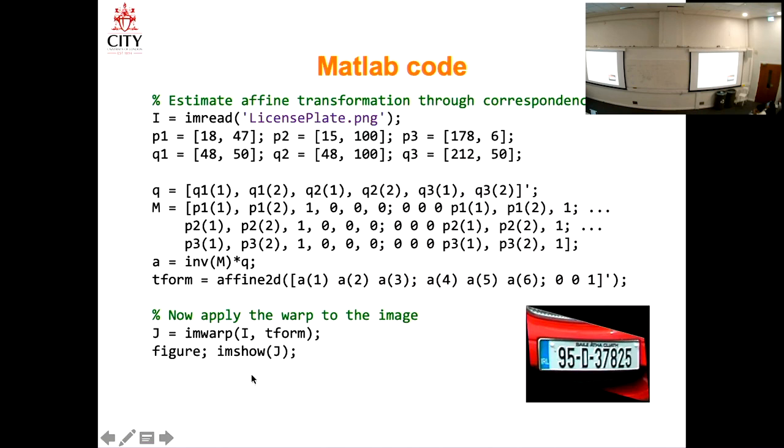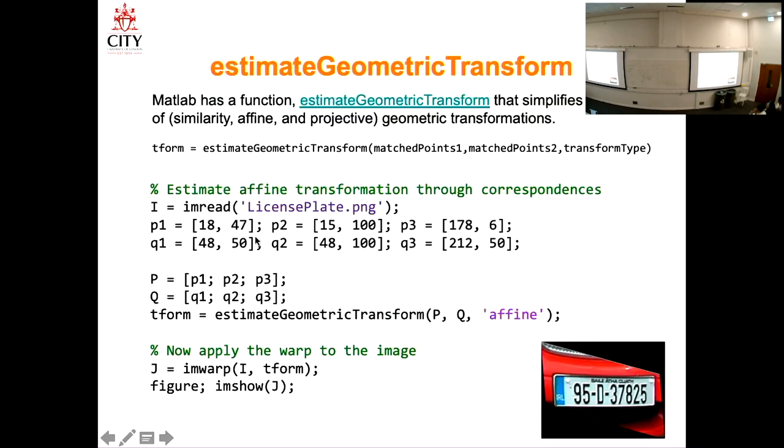So MATLAB does that for you. So all you need to do is find those points, give it this function, calculate the inverse of it times Q, and then affine 2D A. But again, making it a bit simpler, just give it the points and call the function estimate geometric transform. And MATLAB does the rest, and then you just warp it and show it.